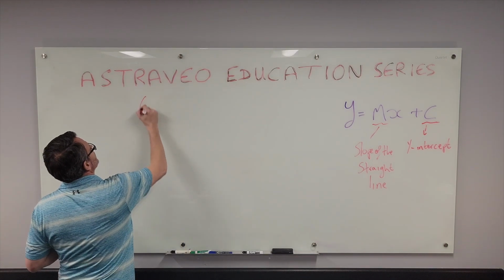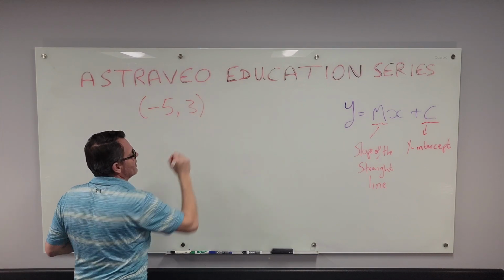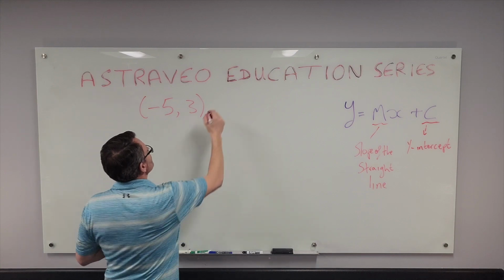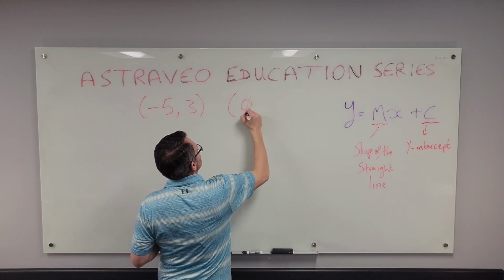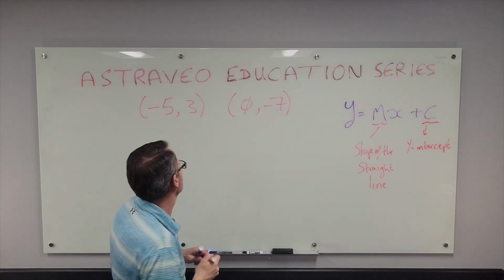I've already prepared one in advance. So minus 5, 3, and I'm going to use the other one, which is 0, minus 7. Are those two the right ones? Yes. Okay.